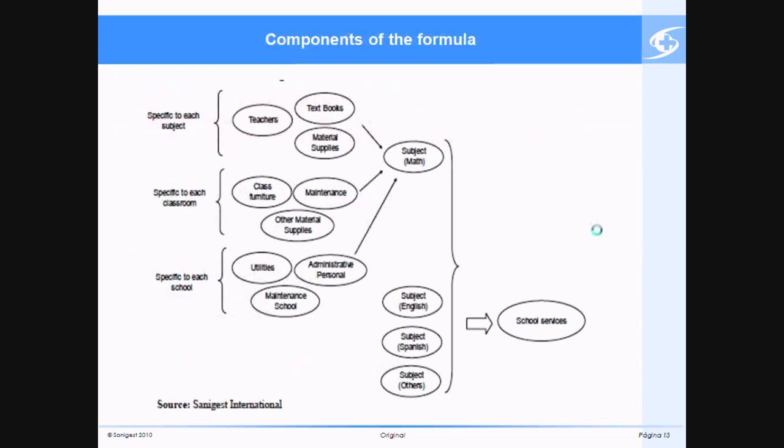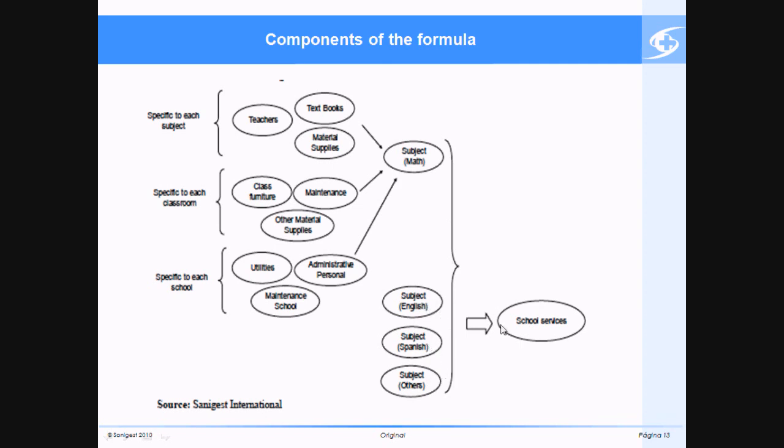How did we determine the cost per student per credit? Well, essentially we added up what it would cost in terms of teachers, in terms of materials and supplies, in terms of administration, in terms of the classroom needs to deliver a given subject, and we did this across all subjects assuming 40 credits.